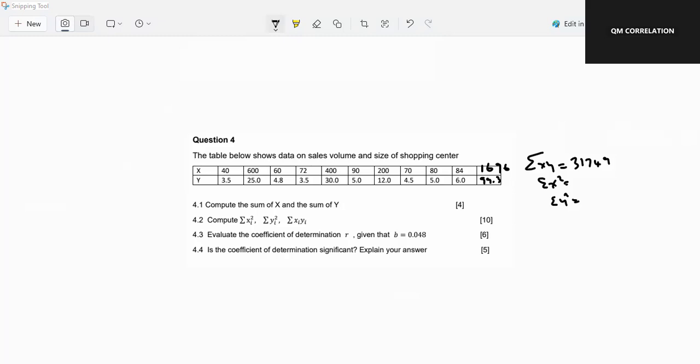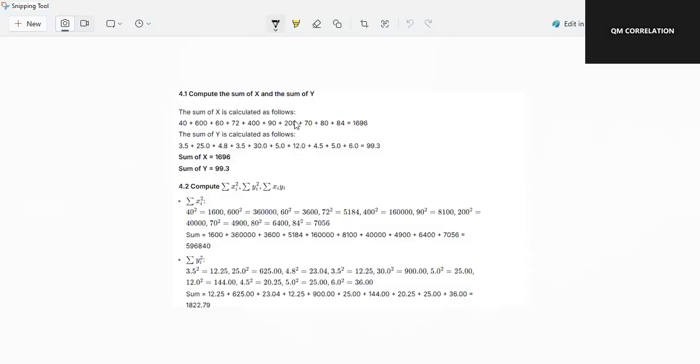Okay, so in the interest of time, let me spoon feed you. I think people are tired. All right, so summing them up, you just need to go to page 15, those with the pamphlet. You can get these values confirmed. So summing them up literally is just adding them. Summation of x, we add from 40 up until the end, so we get 1696.